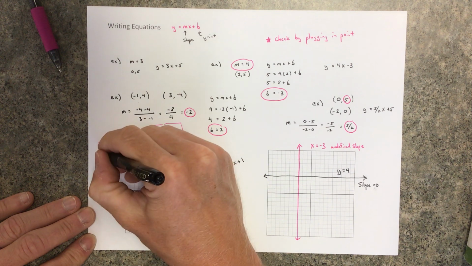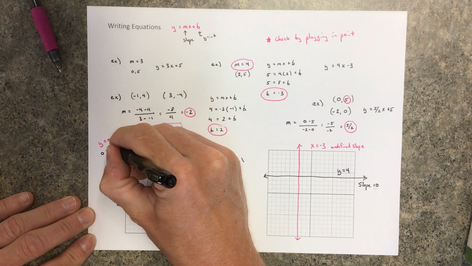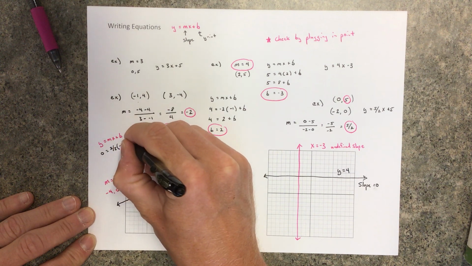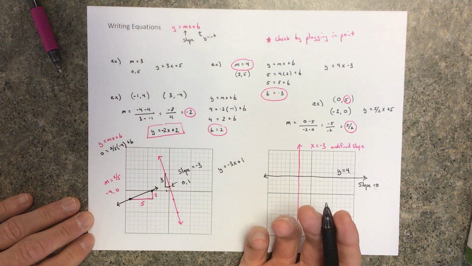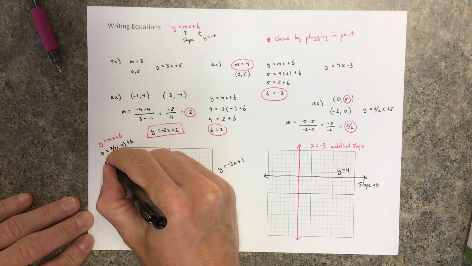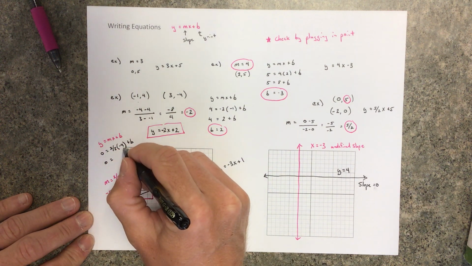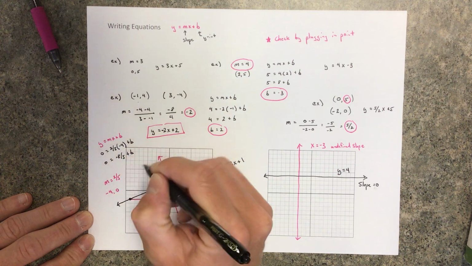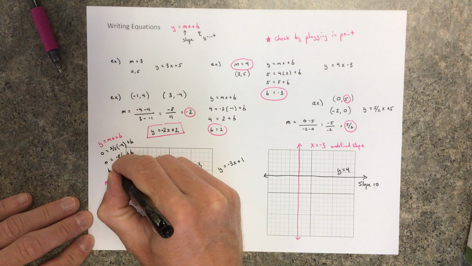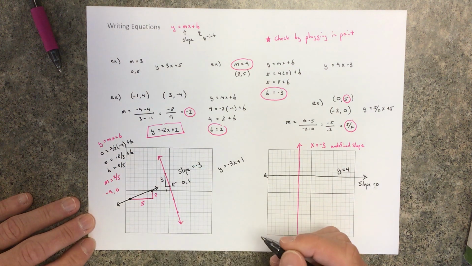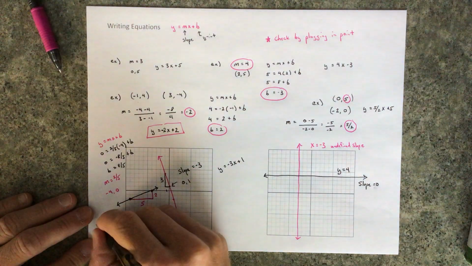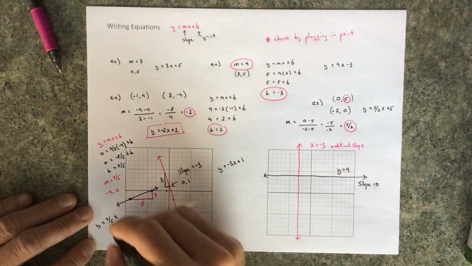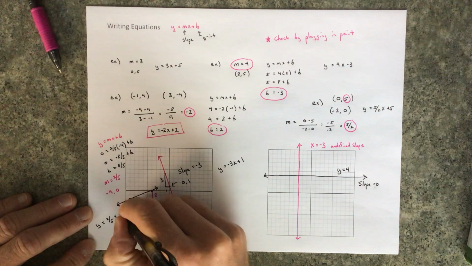Let's plug in our y value of 0, our slope of 2/5, our x value of -4, and that's plus b. Okay, and there's going to be some fractions here, which is totally fine. So 2/5 times -4 is just -8/5 plus b, and then I have to add that over, so I get b equals 8/5. So the equation of this guy is 2/5 x, right? That's our slope, and then our b is plus 8/5.